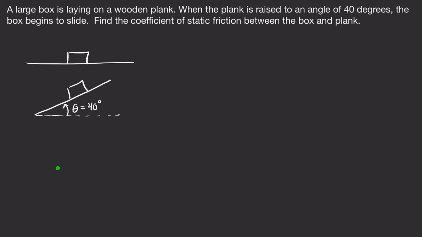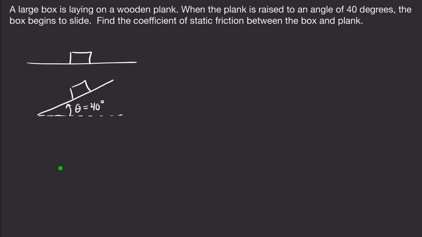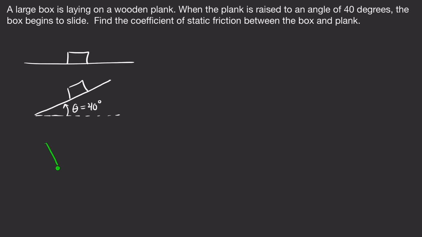So if we draw a free body diagram, we're going to have a normal force that is perpendicular to our plank or to our ramp. Our weight of the box is going to be straight down, and since it's going to slide down, our force of friction, in this case static friction, is going to be up the ramp.